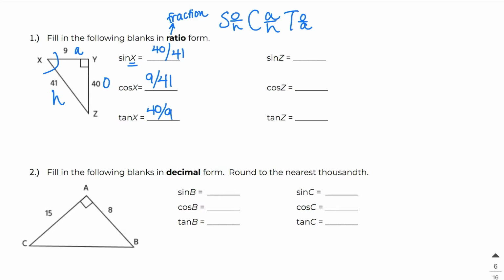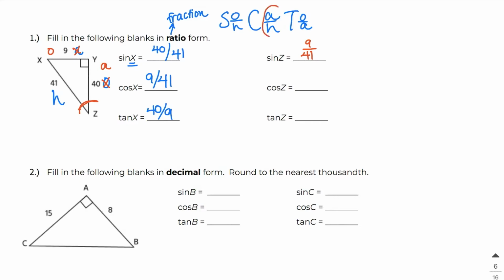Things change though once I switch to a different angle. This time everything is based on angle Z. So here, this is angle Z. This is still the hypotenuse, so that still checks out. But now this 9 becomes the opposite and this 40 becomes the adjacent. To find sine, I'm going to do opposite over hypotenuse, and the opposite is now 9, the hypotenuse is still 41, so this would be 9 over 41.